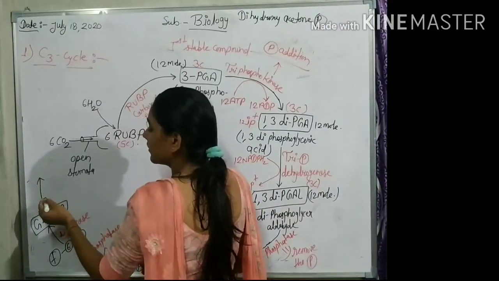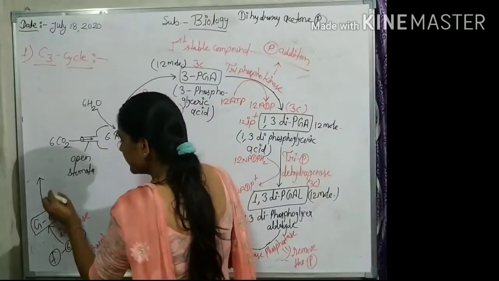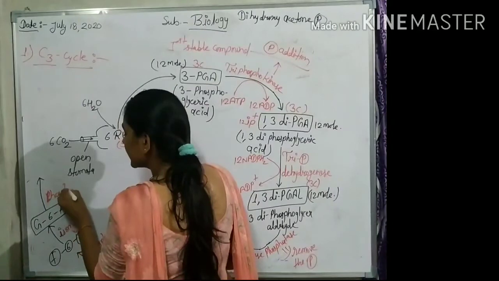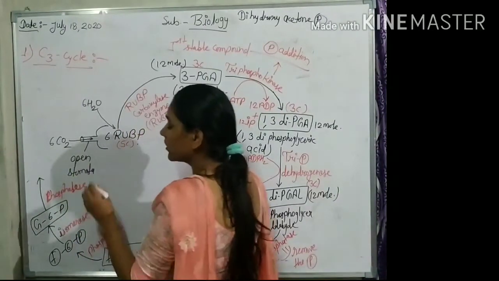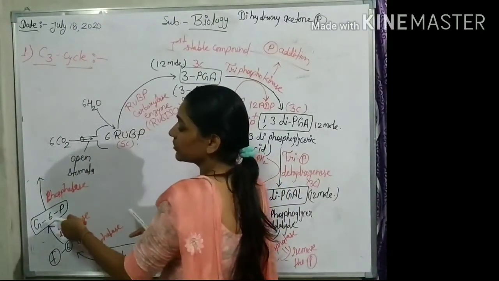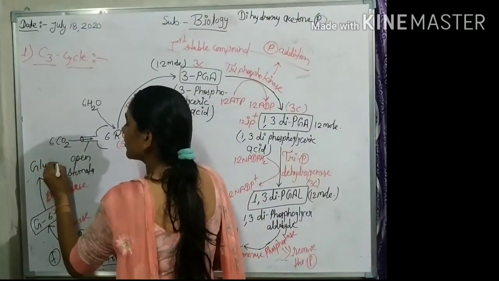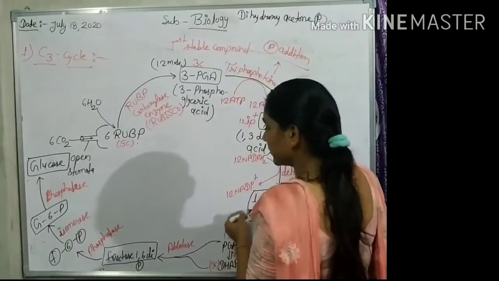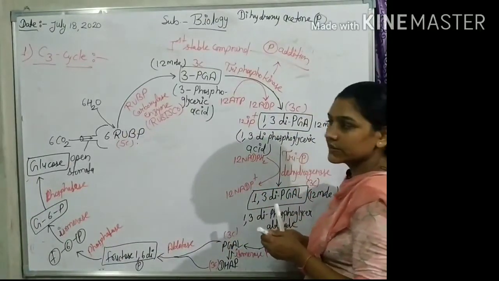Further, phosphatase enzyme also acts on glucose 6-phosphate and removes the phosphate at the 6th position of glucose. Then it converts into glucose. So it is the formation of hexose sugar in the C3 cycle.